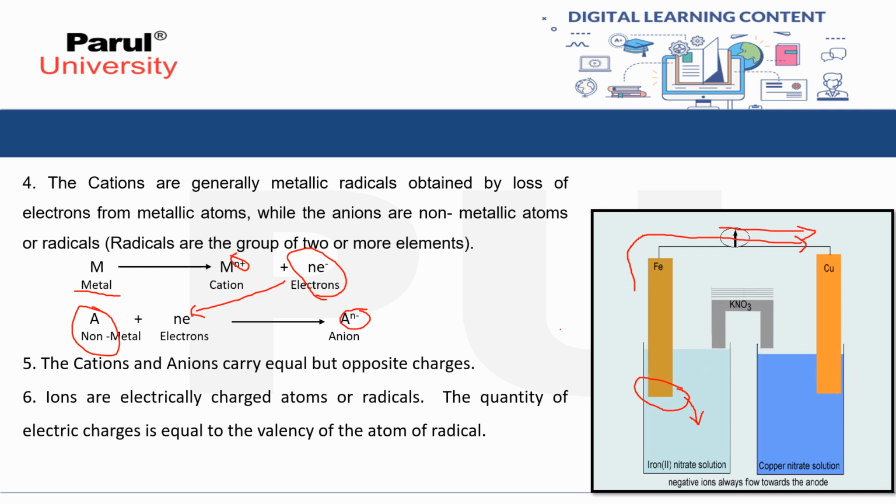Both half cells are connected by a salt bridge of KNO3 which maintains neutrality in both half cells. When copper accepts electrons, the Cu2+ ions from the copper nitrate solution get deposited on the copper electrode.